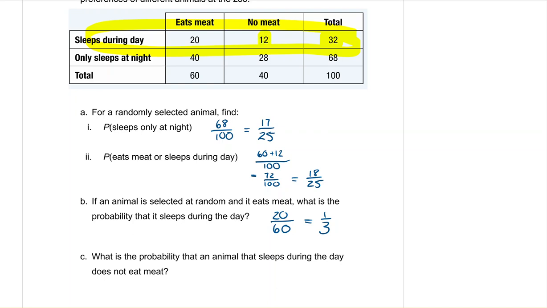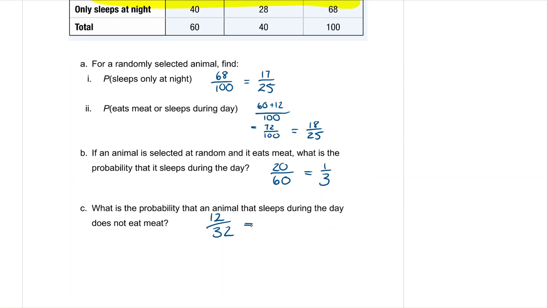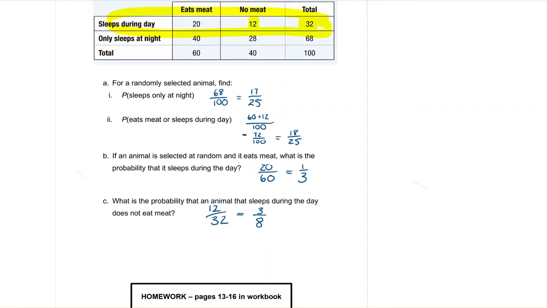So there is a total of 32 that sleep during the day. 12 of them do not eat meat. There's my probability. And I want to simplify that, of course, to be 3 out of 8. Okay, so don't think that your total is always out of 100. Could be like those ones in part B and part C.